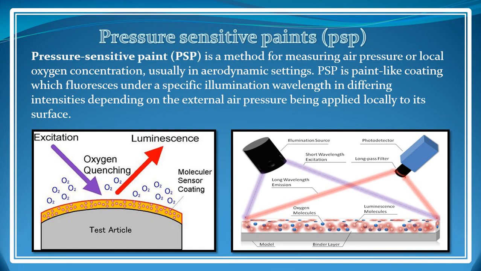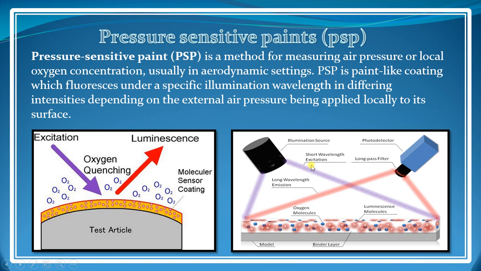Okay, as you can see in this image, when we excite with a light source, its luminescence output will be generated. Here we are giving an illumination source with short wavelength excitation.